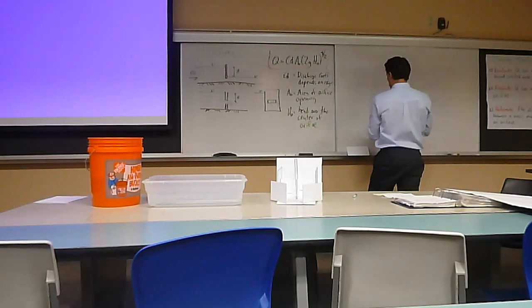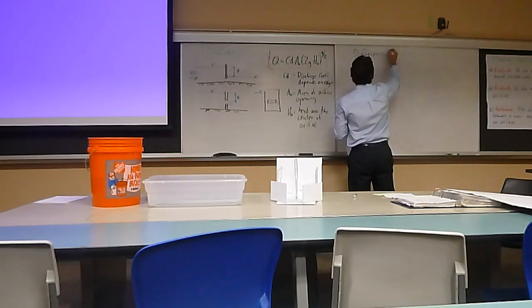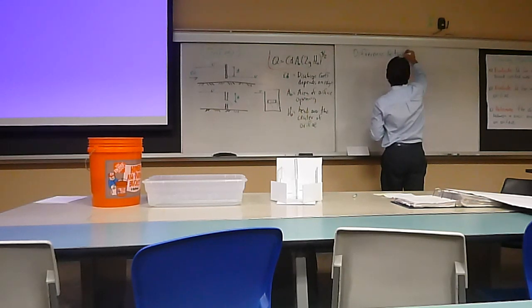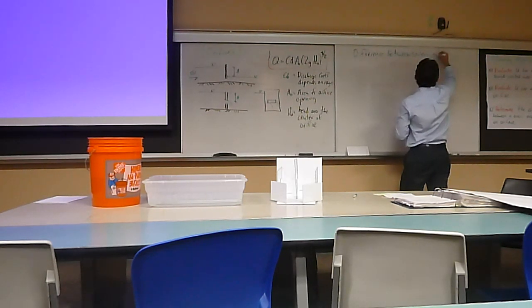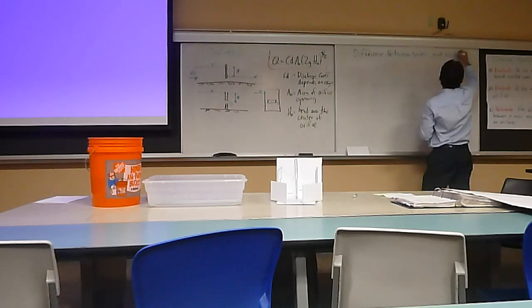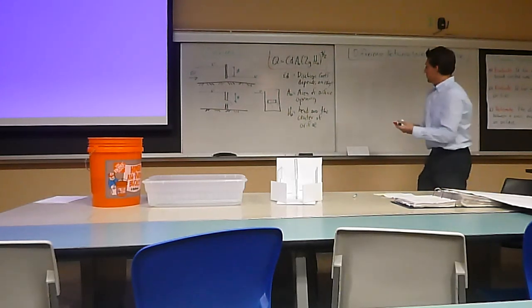So we're going to be looking at the difference between a weir and an orifice, because you will have a problem like this on your celebration of knowledge, and you will end up having to deal with this in your life.